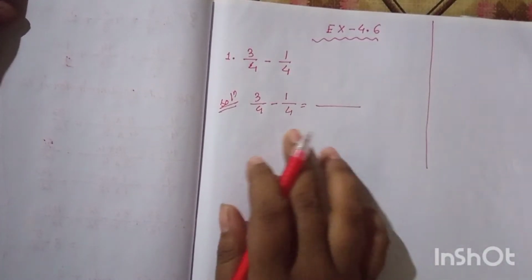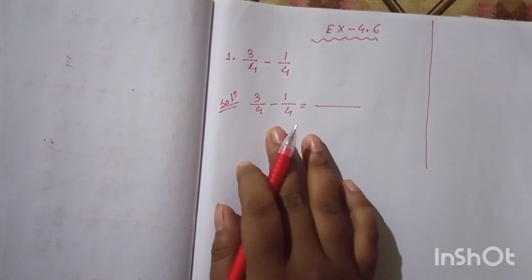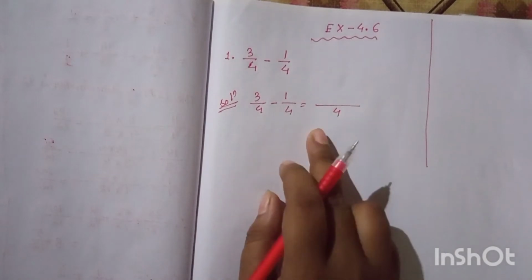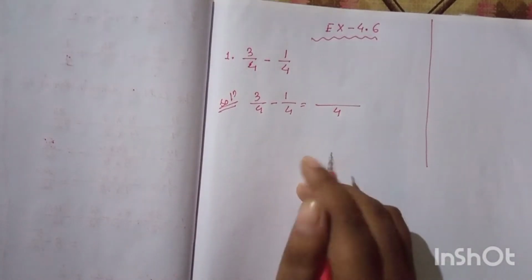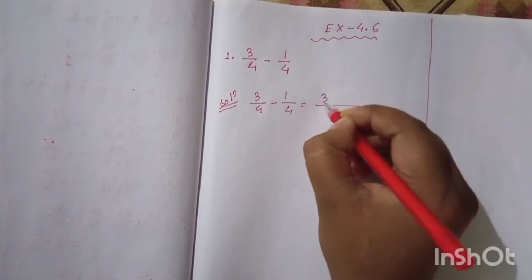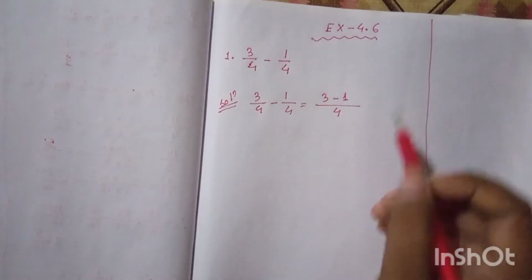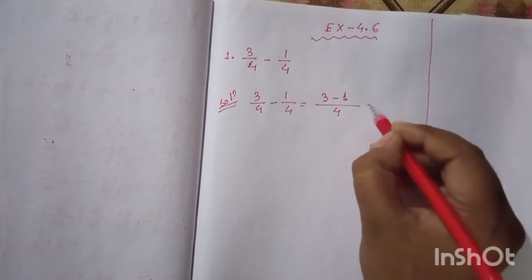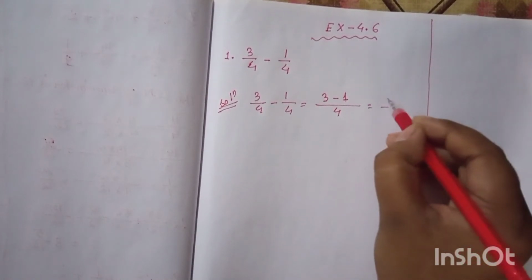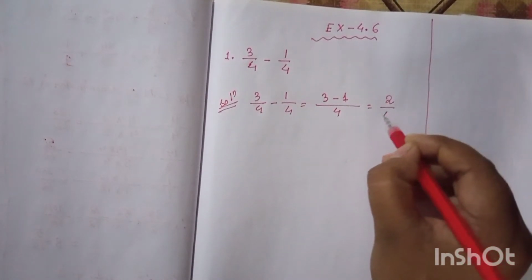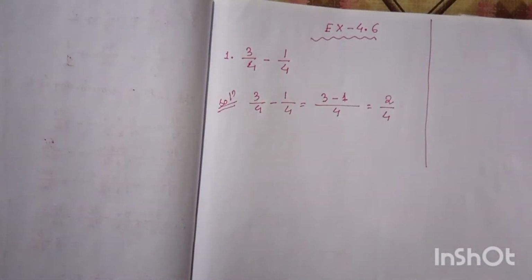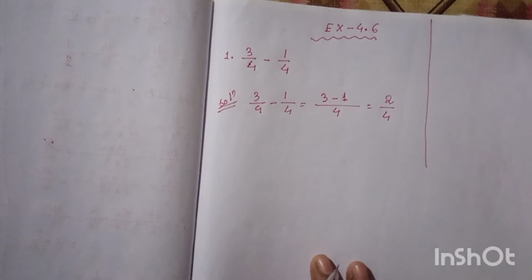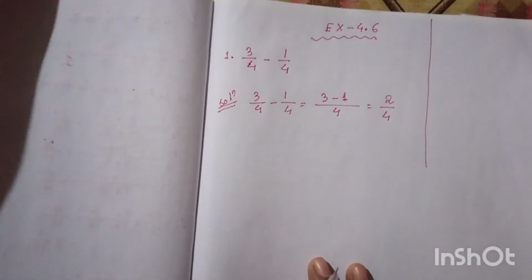When we have like fractions for subtraction or addition, the denominator remains the same, as they are the same in both fractions, and we simply subtract the numerators. Here we subtract 1 from 3, which is equal to 2, so 2 by 4.